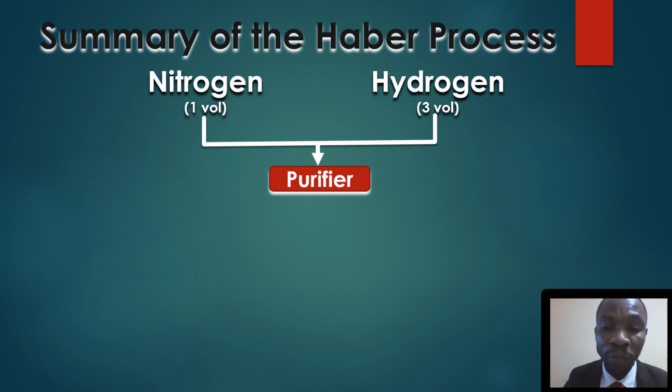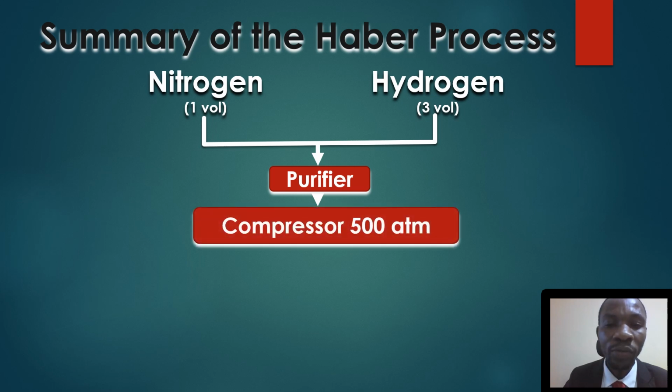So the purifier will remove impurities that could otherwise poison the catalyst. After purifying, the pure mixture will be taken to a compressor. At the compressor, the pressure of this mixture will be increased to 500 atmospheres.